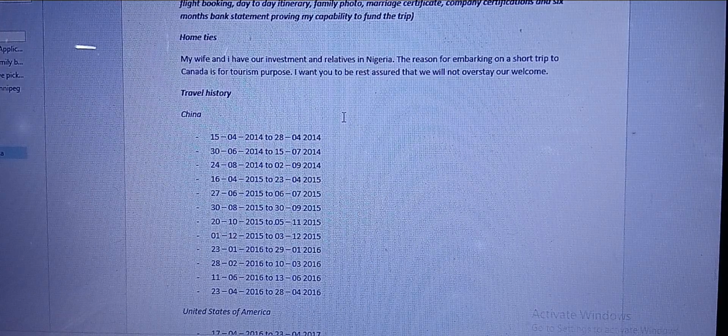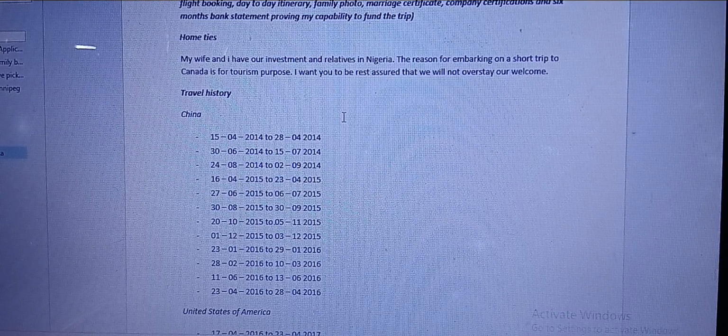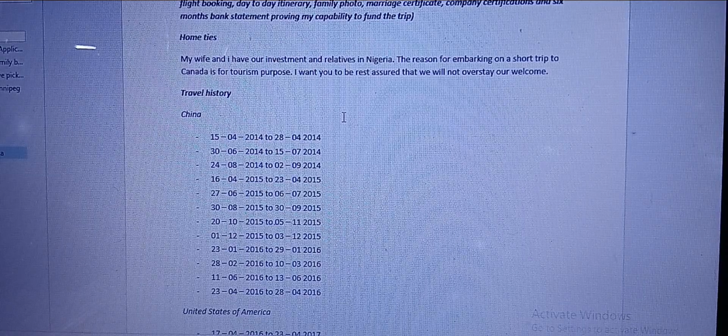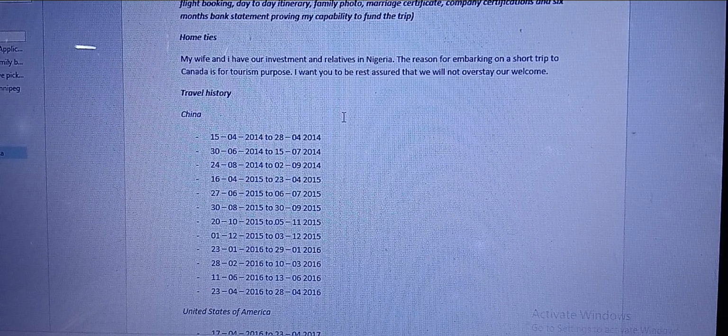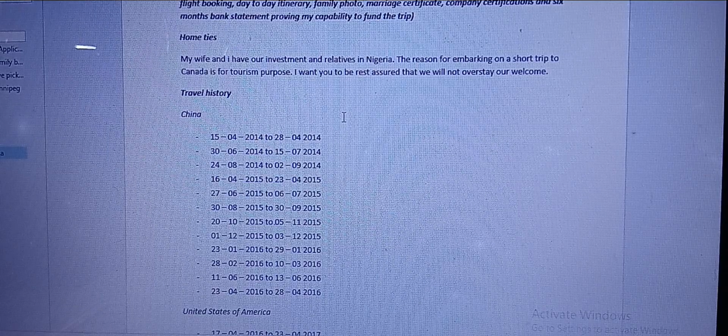So this is where you inform them about your home ties. Home ties could be your investment, your family, anything very huge that you have back home. That is what home ties are. So what you have back home that will make you not stay back in their country, that is home ties.